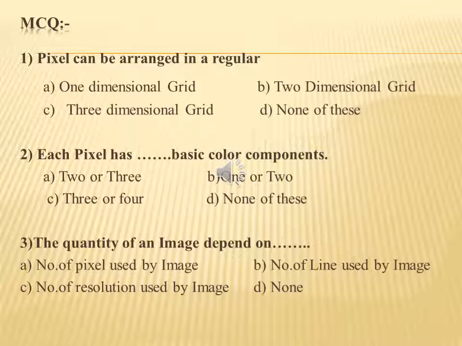First option, 2 or 3; second, 1 or 2; third, 3 or 4; and fourth option is none of these. Third question, the quality of an image depends on dash dash. First is the number of pixels used by image. Option B, number of lines used by image. Option C, number of resolutions used by image. Option D, none.